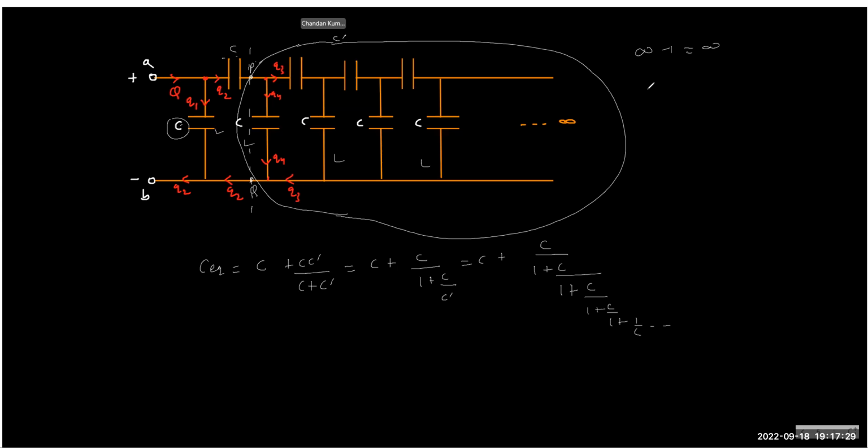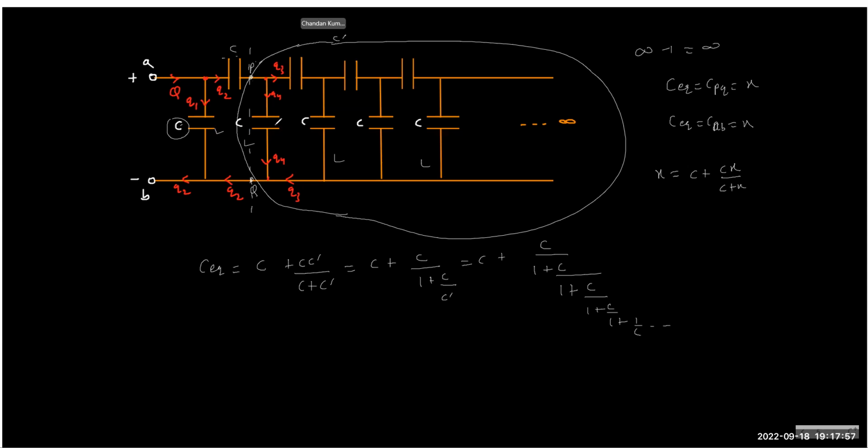So the C equivalent across PQ, if I call it X, then C equivalent across AB must be X. Can we say yes or no? Yes. And therefore, X must be equal to C plus Cx by C plus X, isn't it?